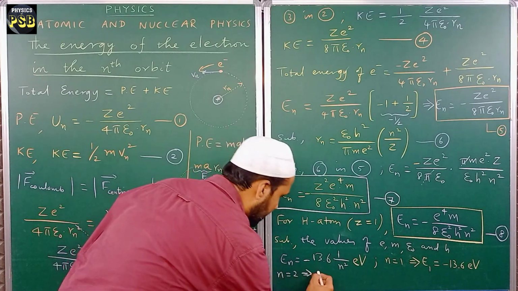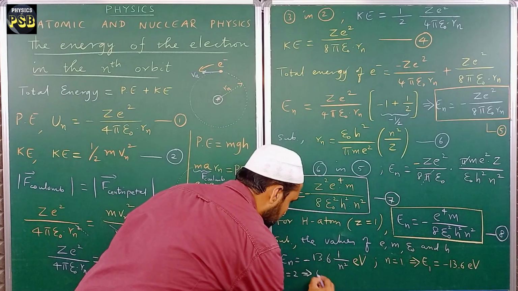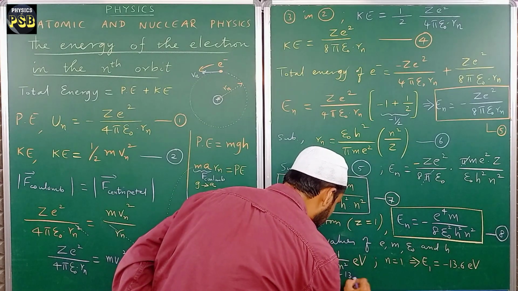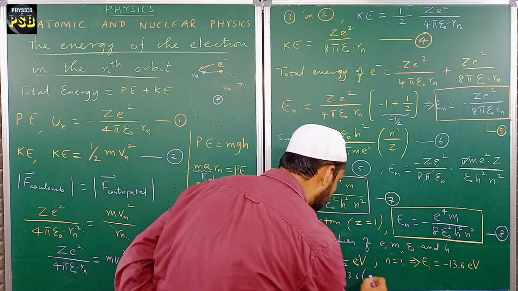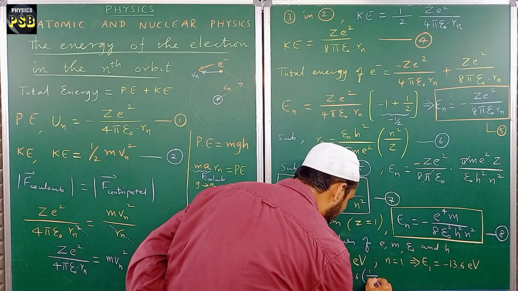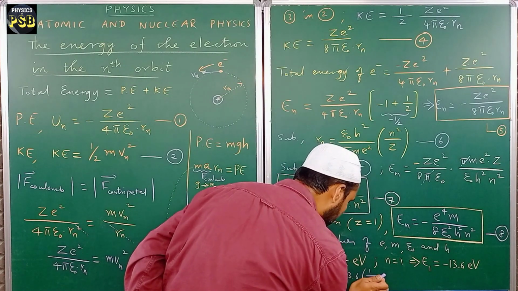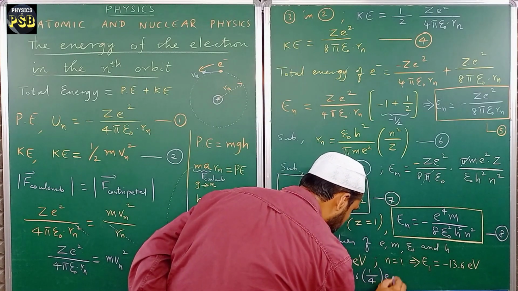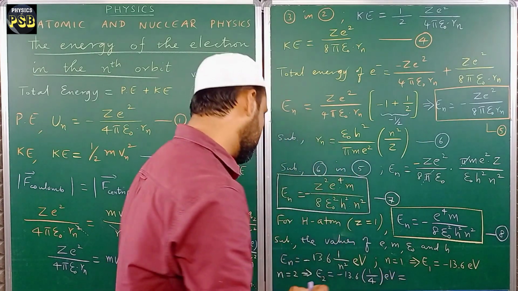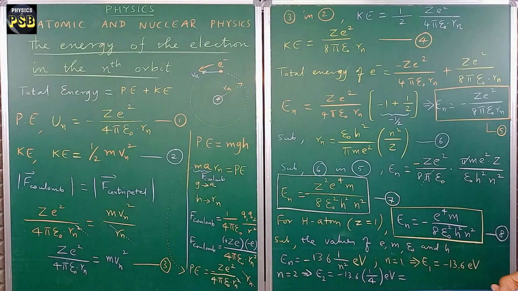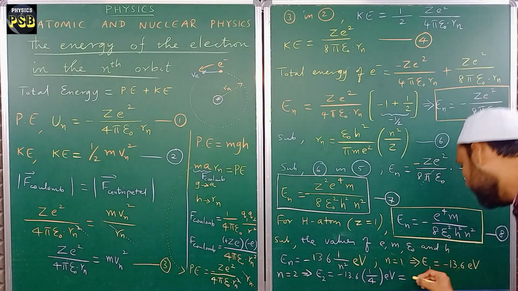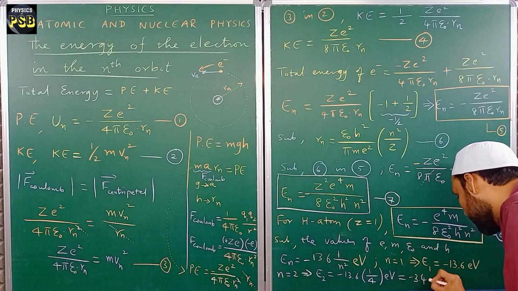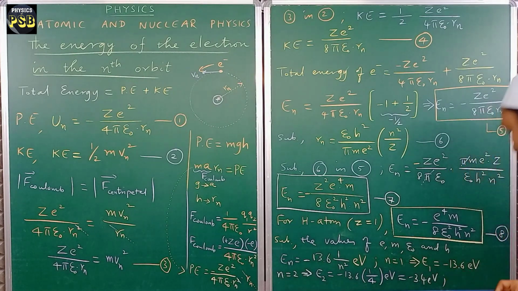Then En becomes E2, which is 13.6 multiplied by 1 upon 2 square. 1 upon 2 square is 1 upon 4. This is equal to minus 3.4 electron volt.